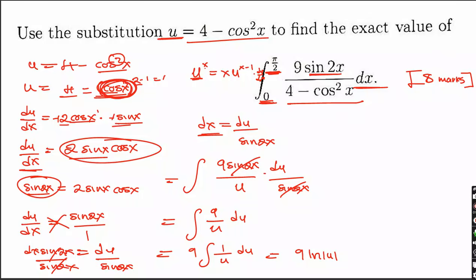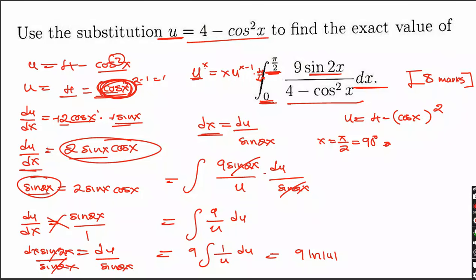We know that u is equal to the simplified one we were using, 4 minus cos x then squared. What is going to be the value of u at x equal to pi over 2? Because you know by now that pi over 2 is no other than 90 degrees. You can convert that into degrees.